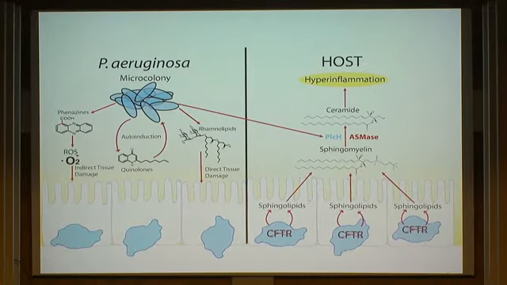The characteristic of these molecules is that they're very hydrophobic. So the CF sputum is in fact very hydrophobic. There's a lot of lipids in there that we see. So I guess bacteria that would survive better in that environment might be favored. But ceramide, we don't think it damages microbes or anything. It's a bioactive lipid that signals inflammatory pathways in our own cells.